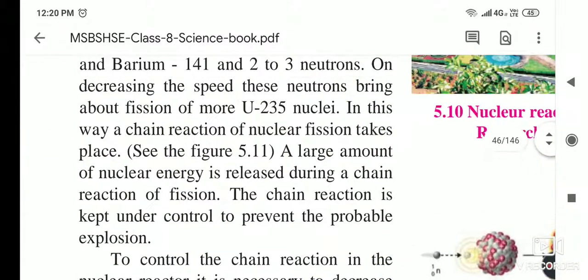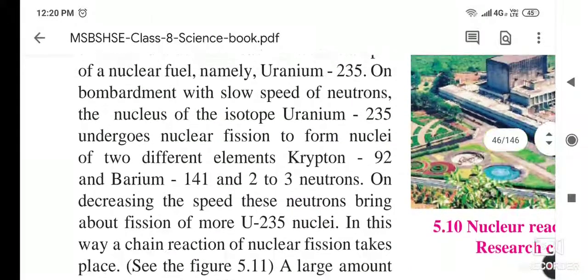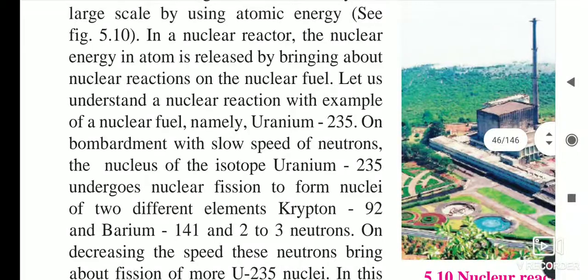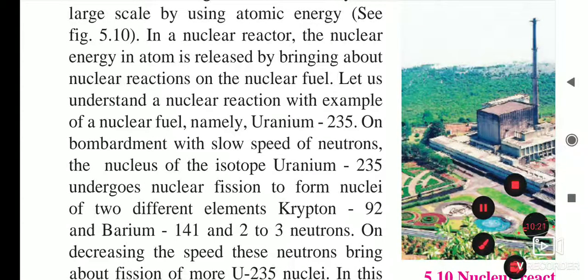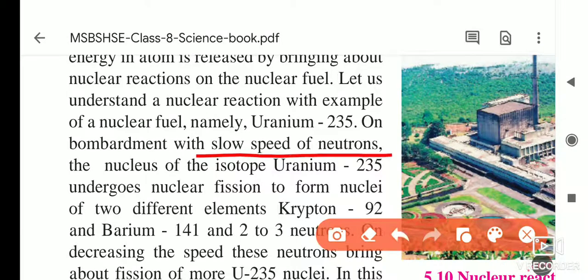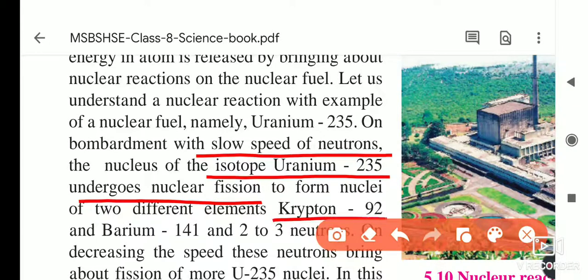Fission means, see here: on bombardment with a slow-speed neutron, the nucleus of the isotope uranium-235 undergoes nuclear fission and forms the nuclei of three different elements, and those are krypton-92, barium-141 and 3 neutrons.